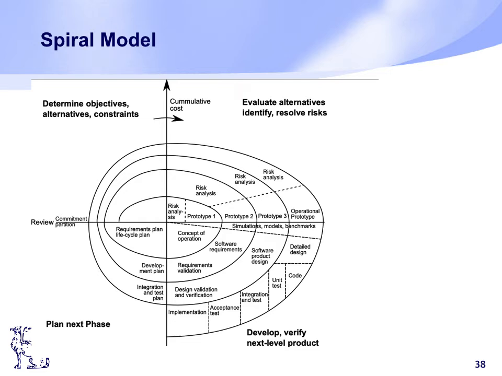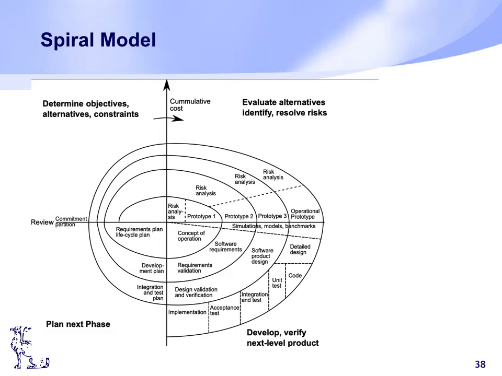If the requirements of your application are very well understood, then what model are you going to use? You will use the conventional waterfall model, right? So here you can see the conventional waterfall model is actually a simple one-turn spiral model. So if you just do one loop, it's a waterfall model.